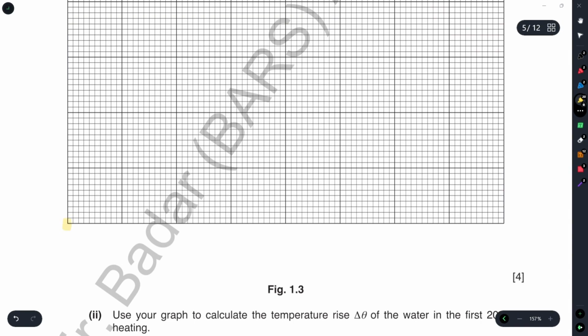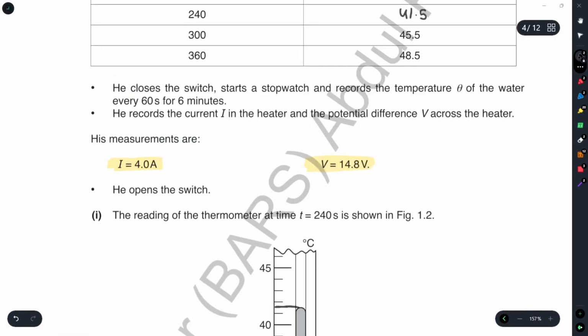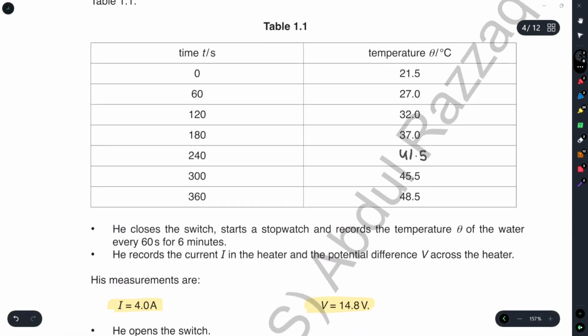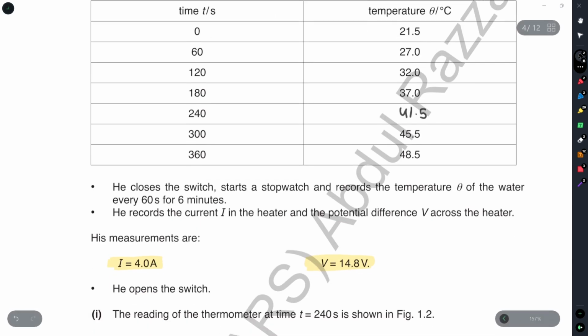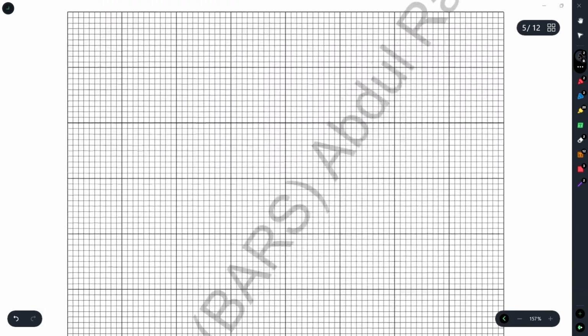So this right here is going to be 20 degrees Celsius and 0 seconds. Now let's get our values. This is in increments of 60, so we are good with that. We have to plot 0 to 360, and from 20 to approximately 50.